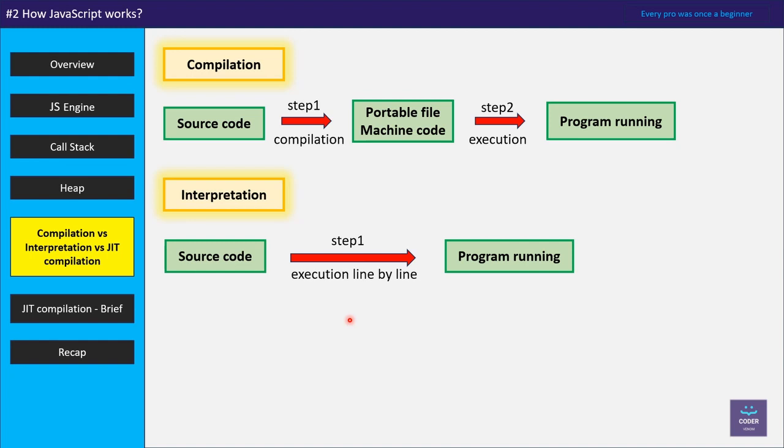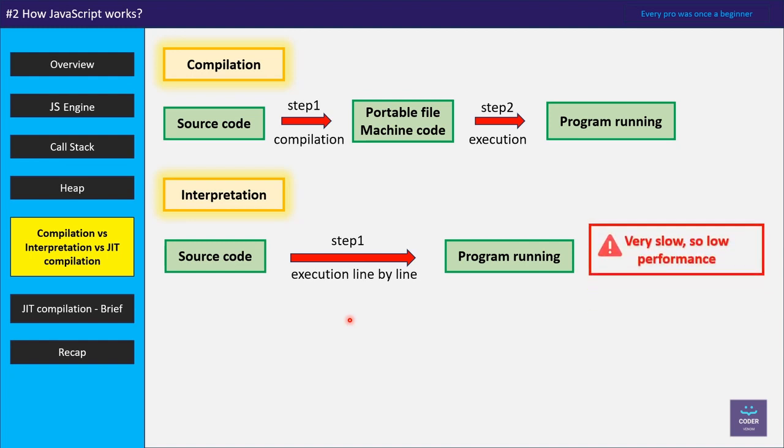In the second line it will compile to machine code, then execute. In the third line it will compile, then execute. So you can imagine, if we have 1000 lines of code or a big application, each line is compiled and executed, just imagine, a very tedious process. It will take very long to execute all our code. So it's very slow and low performance. We don't like this, right?